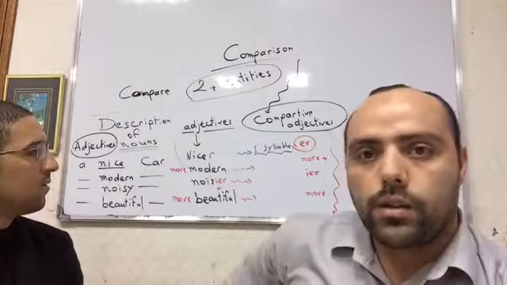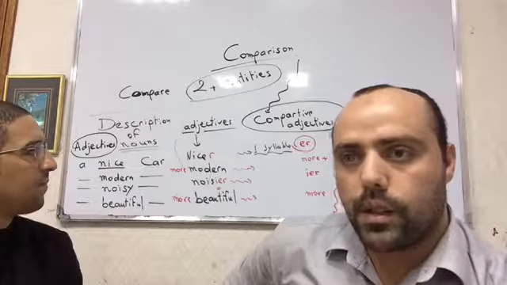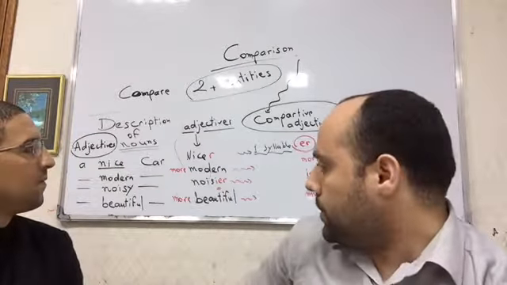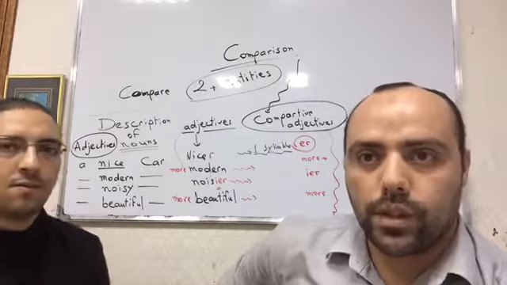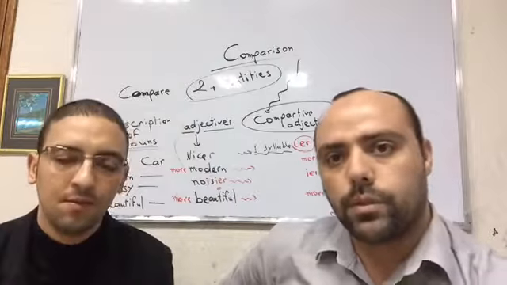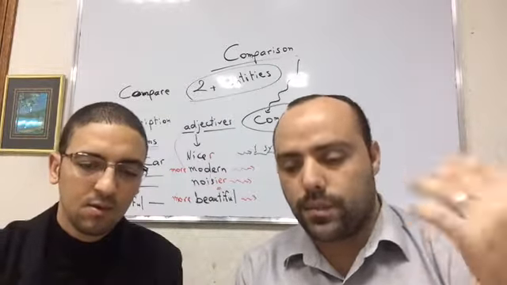But if you have two syllable words, or more than three syllable words, like interesting or exciting or beautiful, of course you cannot say beautifuler than, but you have to say more beautiful than. So this is what we've been talking about last time.